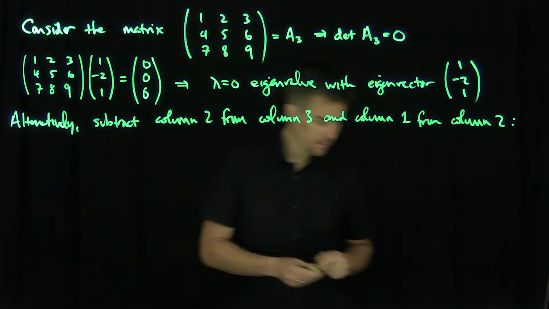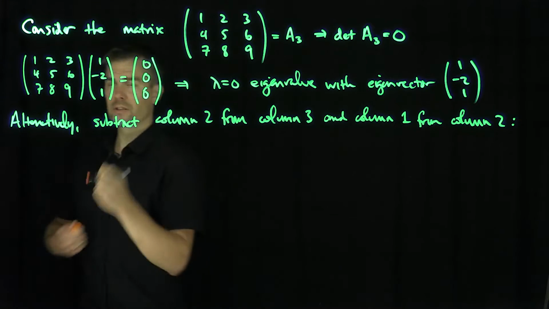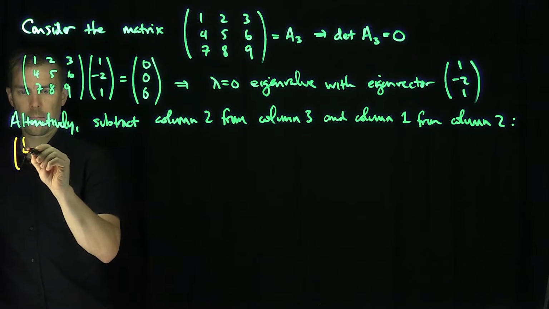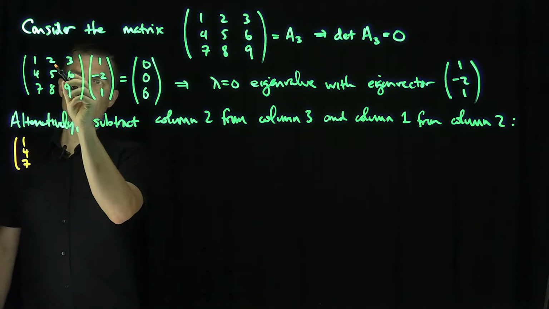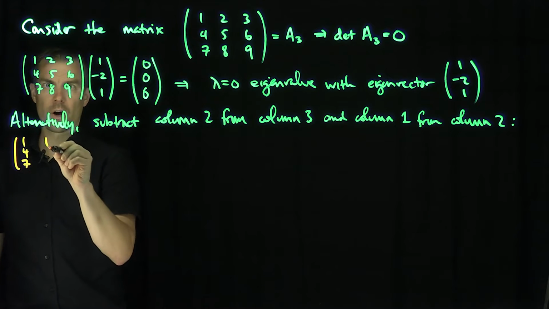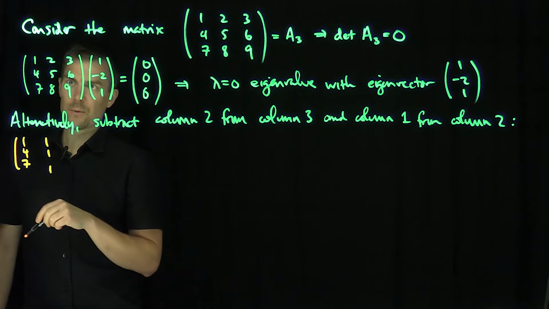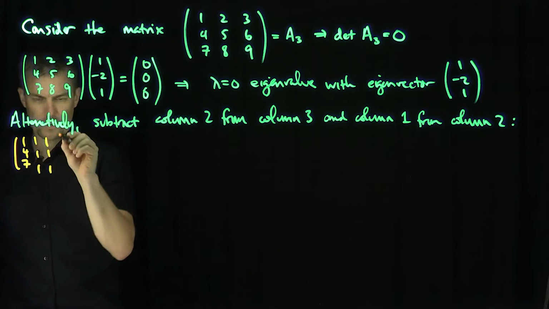If we do that, what will we get? We'll have the following. Column 1 is going to remain the same. And then if I subtract column 2 from column 3, I'll have a 1 and a 1. Column 1 from column 2, a 1 and a 1.